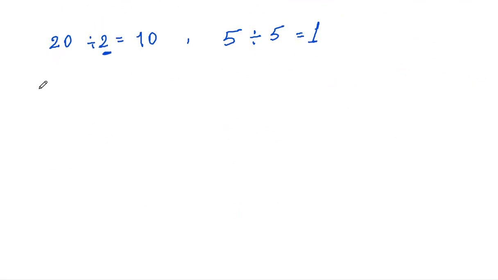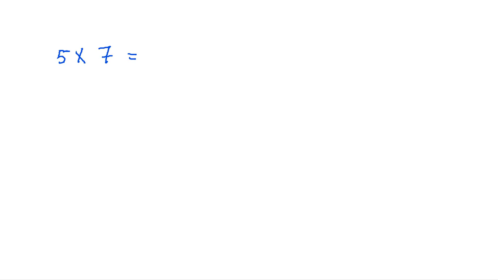Okay, and after that it was all about the facts, the multiplication table. We have only one thing left, which is the distributive property, and please focus on this one because this is very important. When you need to multiply, let's say, 5 multiplied by 7, I can do this: 2 multiplied by 7 plus what multiplied by 7.